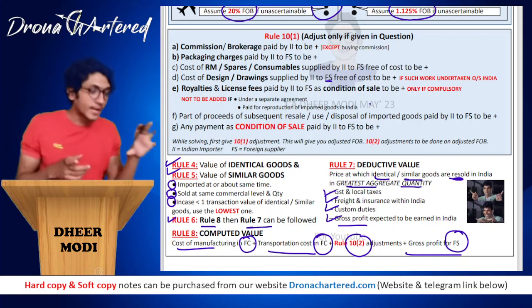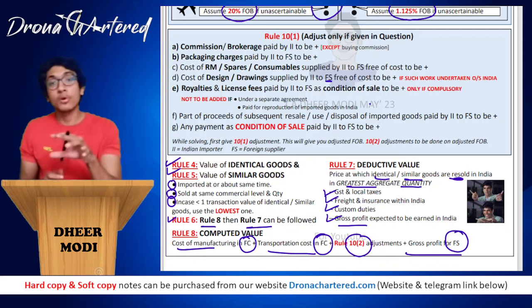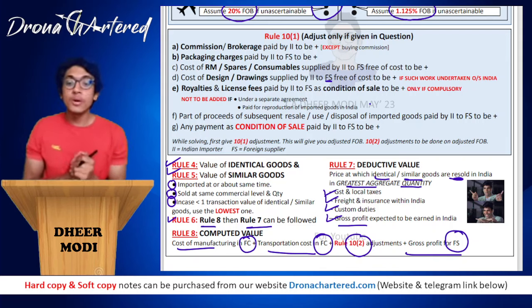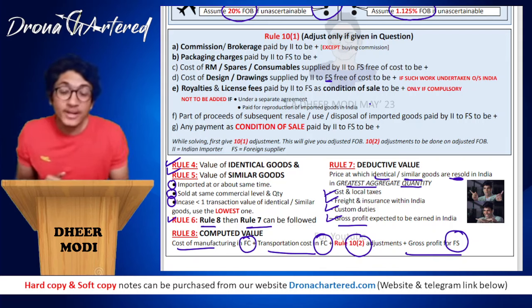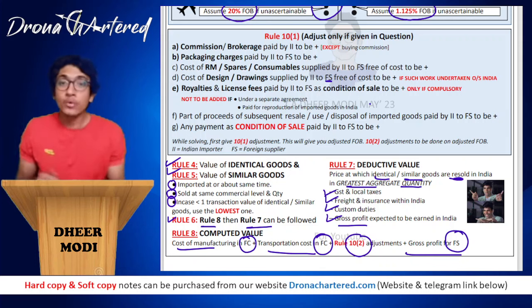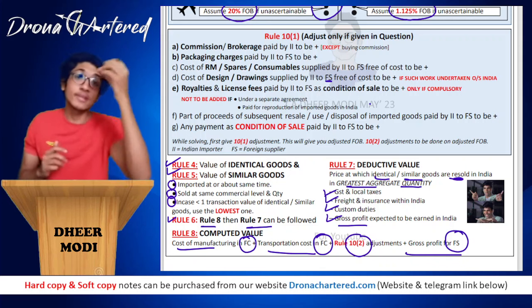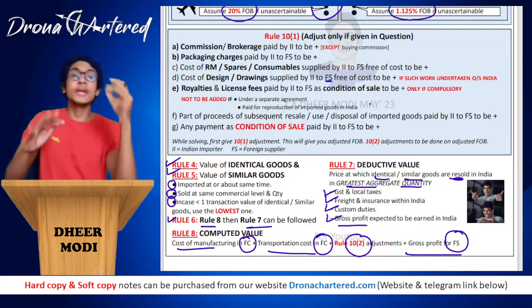That means selling price minus all cost minus profit, and you will get the cost at which they would have been imported into India. Okay, so rule 7 goes in your reverse order, and rule 8 goes in your forward order. That means cost, freight, insurance, everything will be added. That is how rule 8 computes.